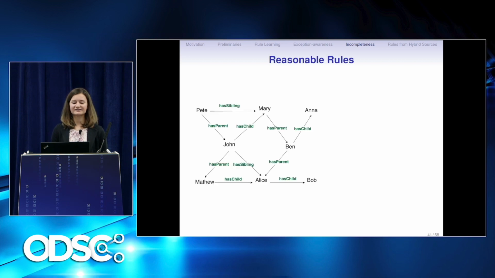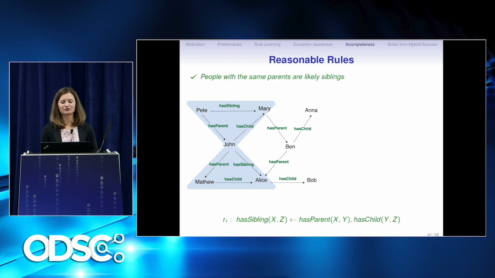So, for instance, if we see the graph with the following topology, which states has sibling, has parent, and has child relations, pretty natural, we proceed with a frequent pattern discovery and get a rule stating that, well, those children who have the same parents, they are basically siblings, right?